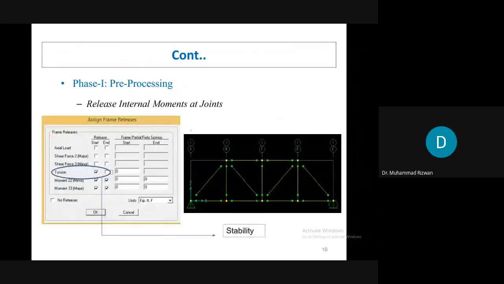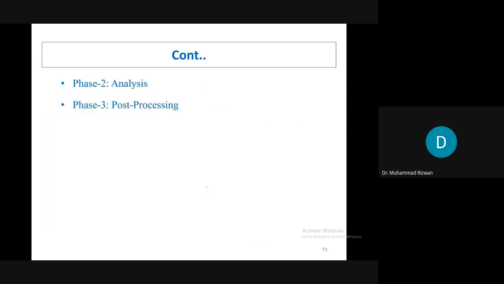Then they have provided these internal releases, as you can see. For a 2D problem, we mostly release M22, M33. But if you have a 3D problem, then we can also release the torsion so that they cannot twist about the longitudinal axis. Once you're done with that, this is the modeling phase. Then you can start the analysis, and then you can see the results as well.